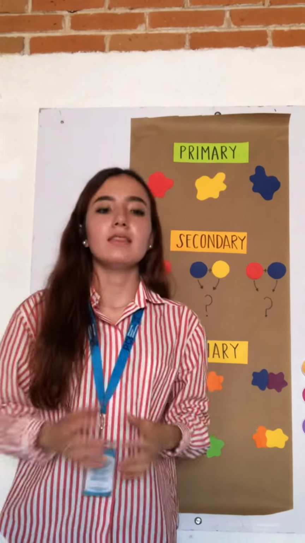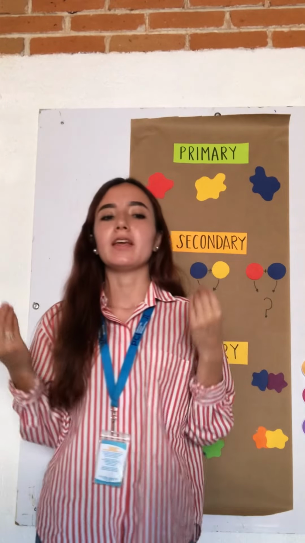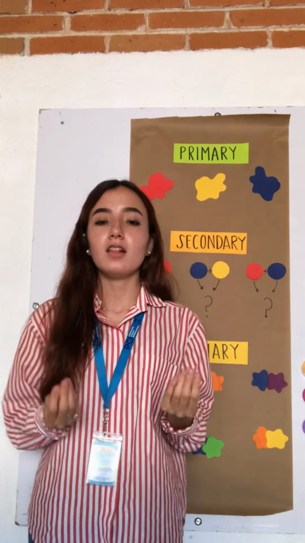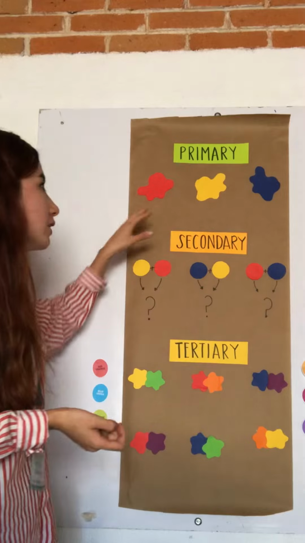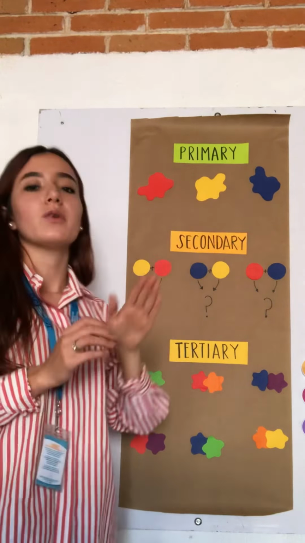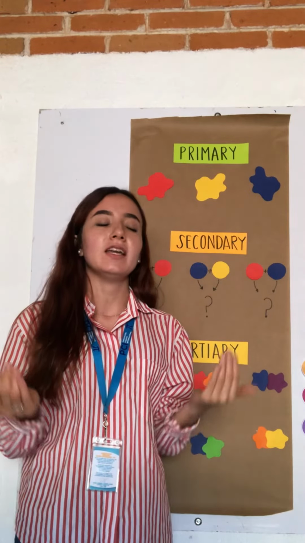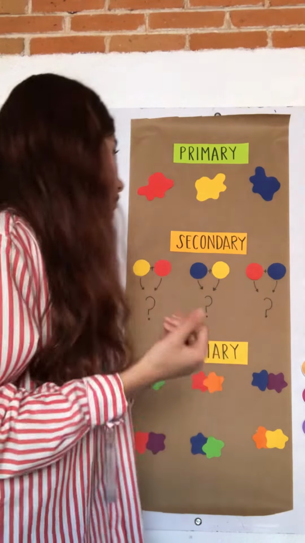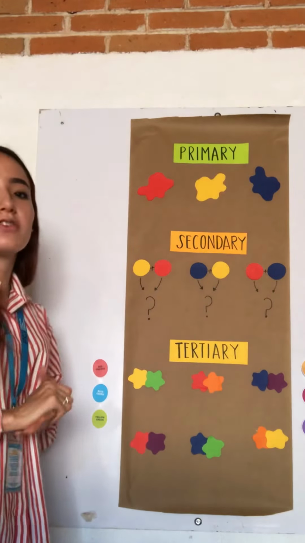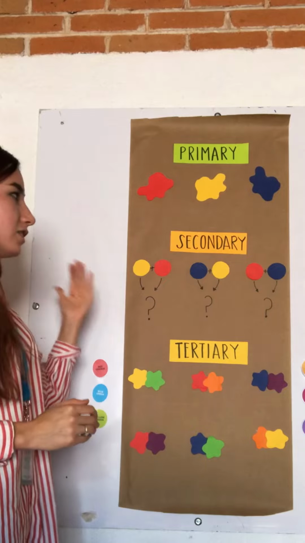So the primary colors are the colors that can't be created by mixing other colors. Okay, so that's what we are only going to find: red, yellow, and blue. They are going to be the base for all the colors that we are going to find in a color scale.